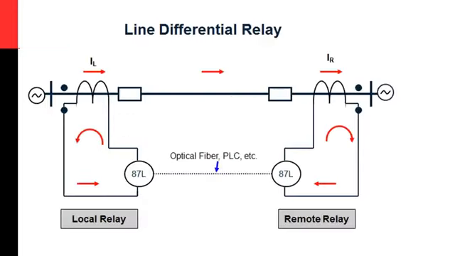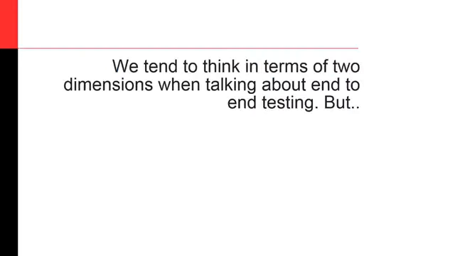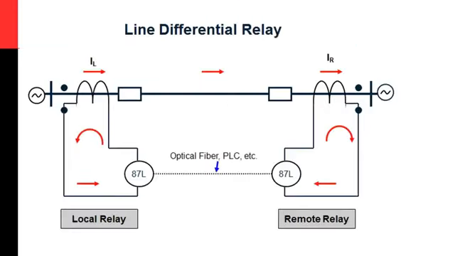Again, if we see the line differential relay scheme that we see here, we see that this one only has two relays, one on each end. This is a single and simple, I would say, application of end-to-end testing where you only have two ends.